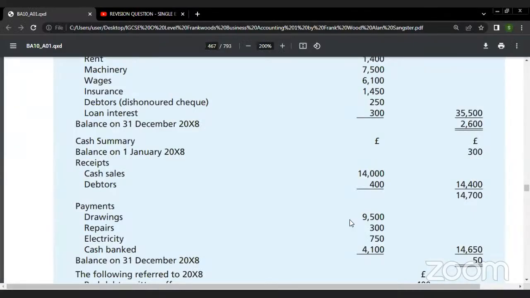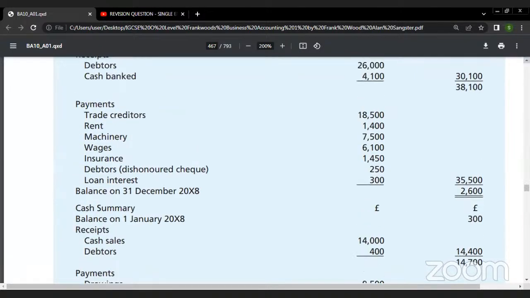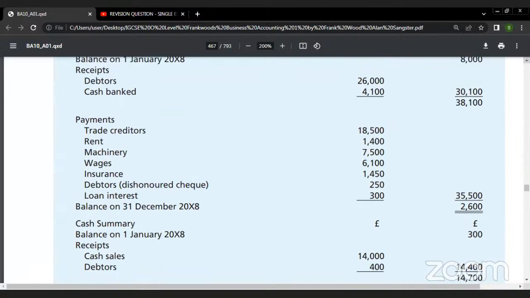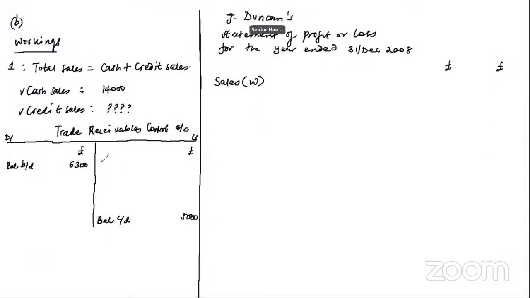Debtors paid cash 400, and debtors paid through the bank 26,000. Of course, when these debtors pay, their account reduces. So we have to credit, because the cash book will be debited. So I'll come and say bank. Some of these customers paid through the bank, they paid 26,000.